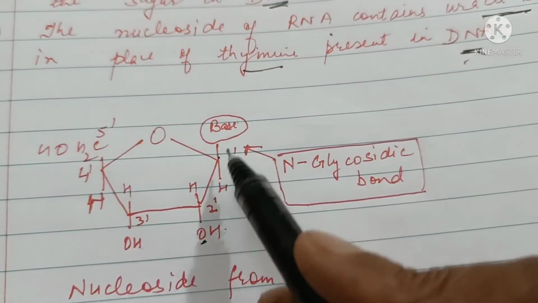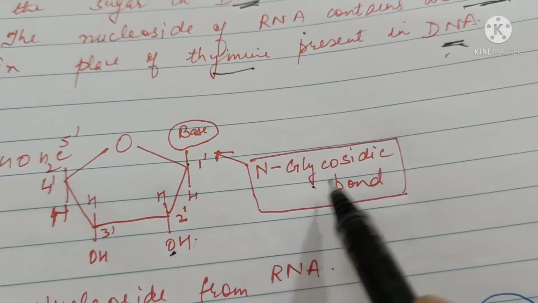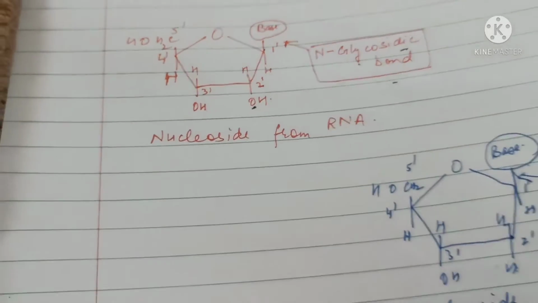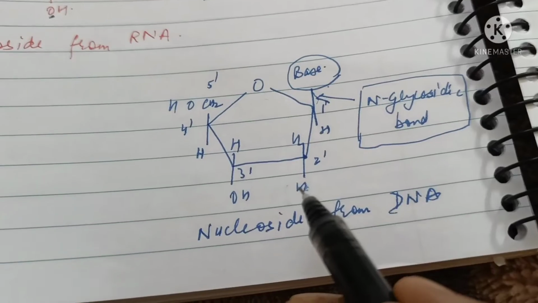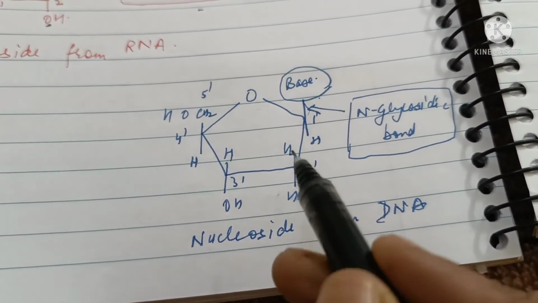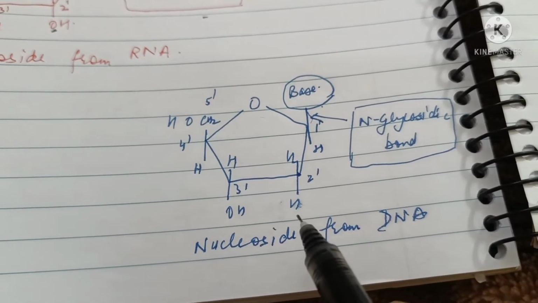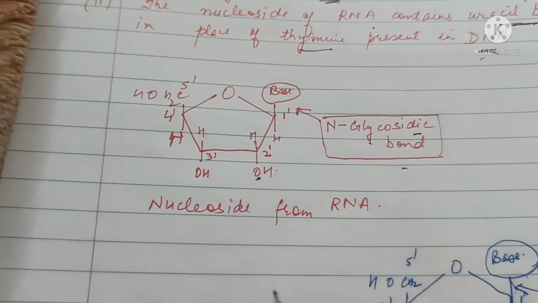This bond between the sugar molecule and base is an N-glycosidic bond. Similarly, in DNA, this second carbon will not have any oxygen. Both hydrogens are present here. This is the nucleoside for DNA. This is the nucleoside for RNA.